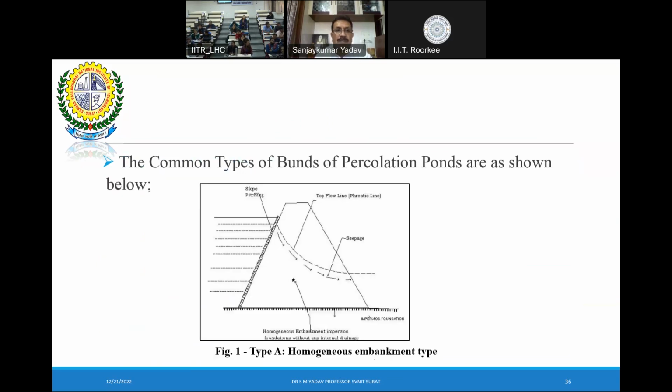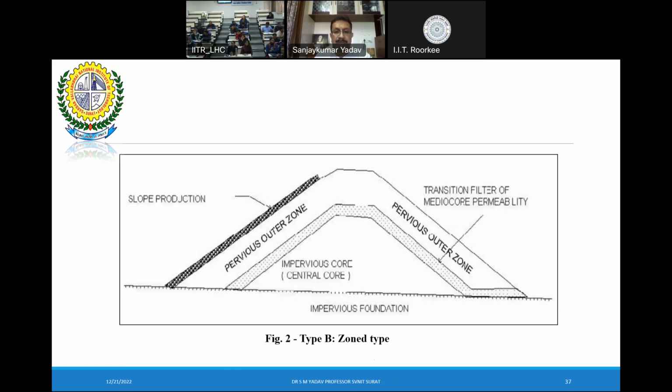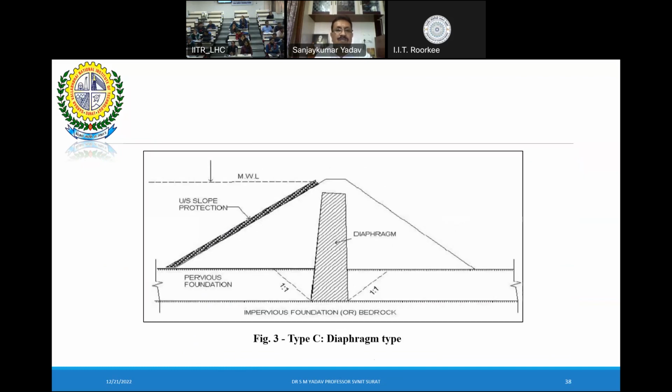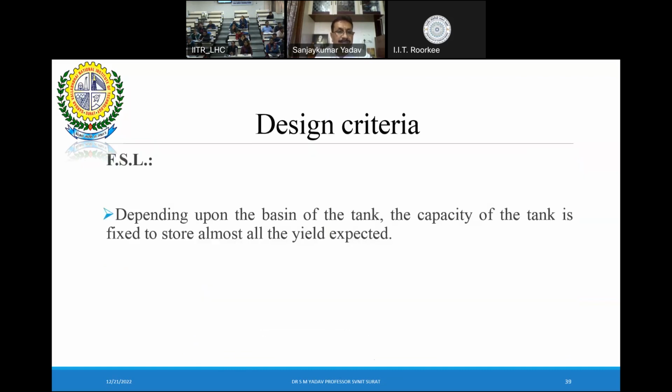The common type of bunds used in India is type A, the homogeneous embankment type. The type B bund has an impervious core in the central part of the bund, while in type C a diaphragm wall is constructed in the center of the bund, as shown in this slide.